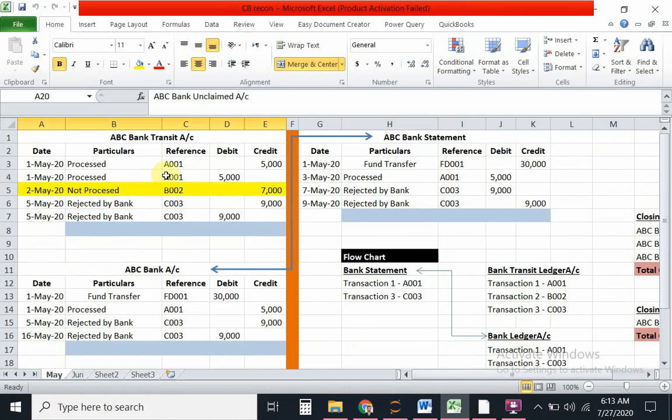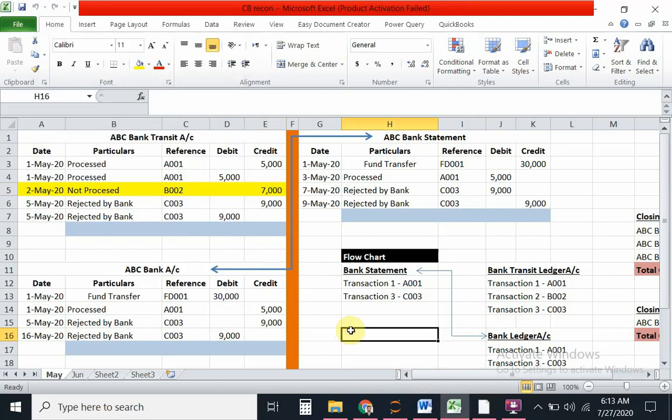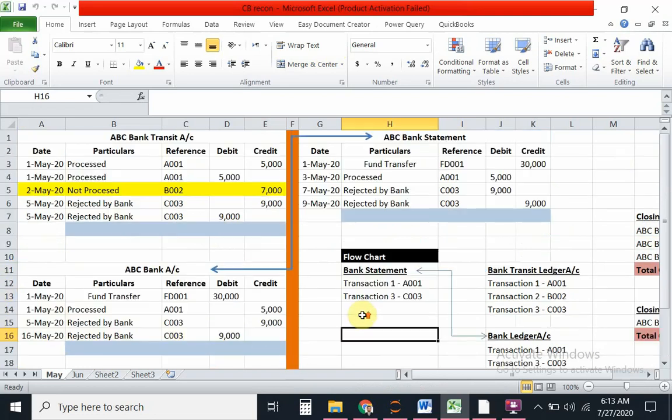In this, I'll say that 7,000, the person has been created. We have received the money from the customer, but we have not processed it. And there is 9,000, C003, where the bank has returned the money, but we have not paid the customer. So let's see how it works.